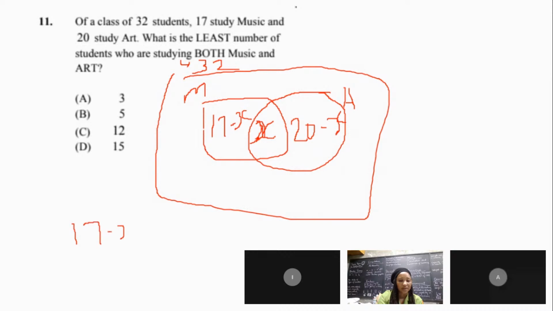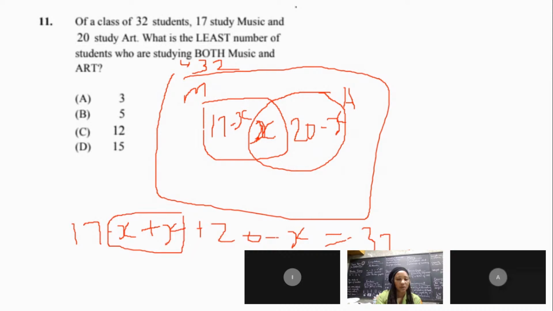So 17 minus X plus X plus 20 minus X equals 32. And these two cancel out. All right, so what would X be? 17 plus 20 is what, 37? So X is what?